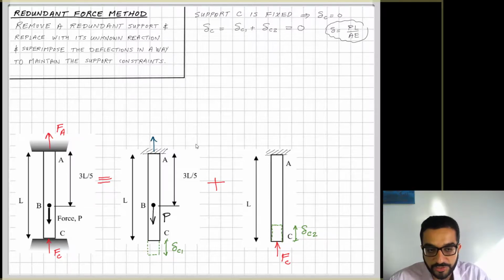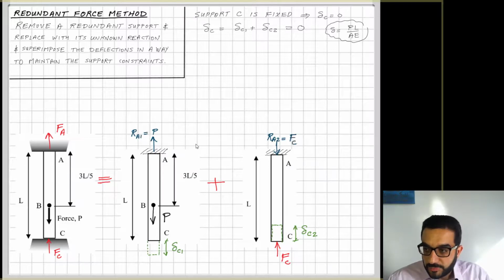Knowing that delta is equal to PL over AE, I just need to calculate each one and plug it into that condition. This is my second equation, beside the equilibrium equation, to be able to solve for the two unknowns I have, FA and FC.